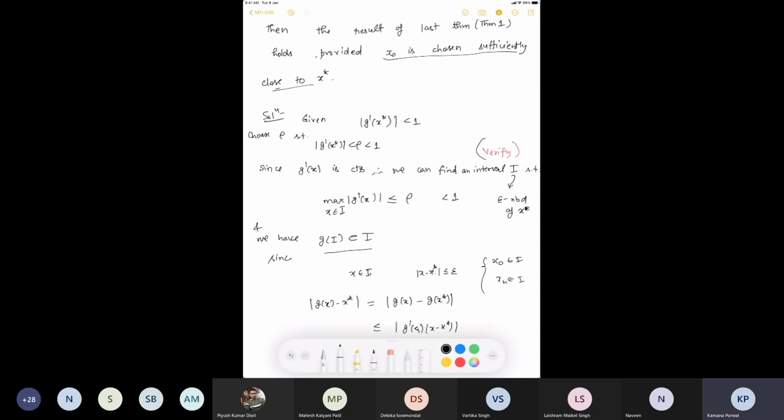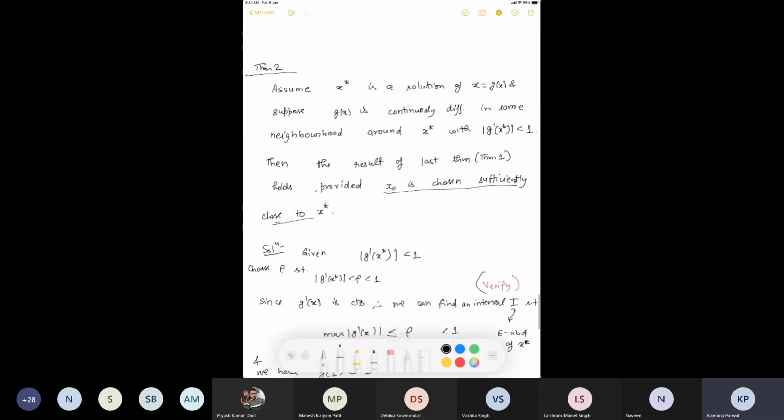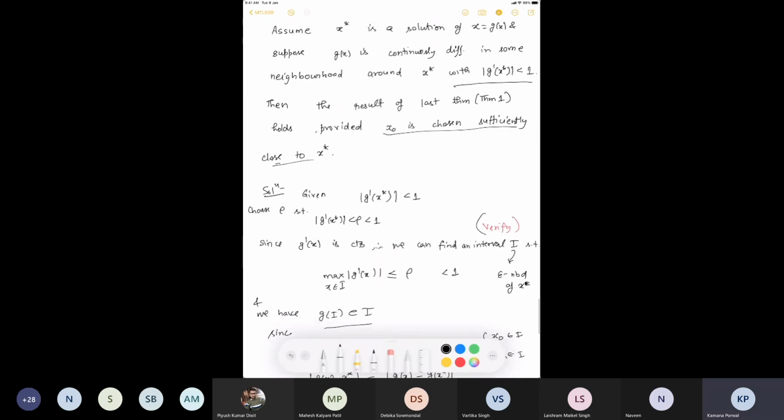Okay, so what it says is that if you really want to verify whether the sequence of iterates converges, it suffices to check that g prime of x star is strictly less than 1. That will ensure whether the sequence of the iterates converges or not, right? Is that okay? Are there any questions here?